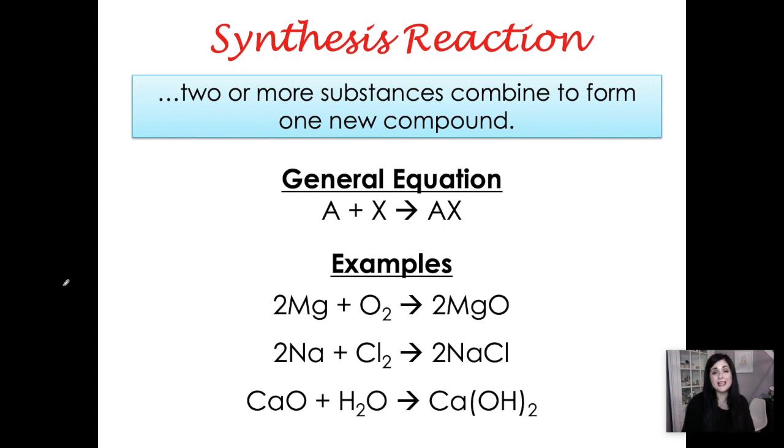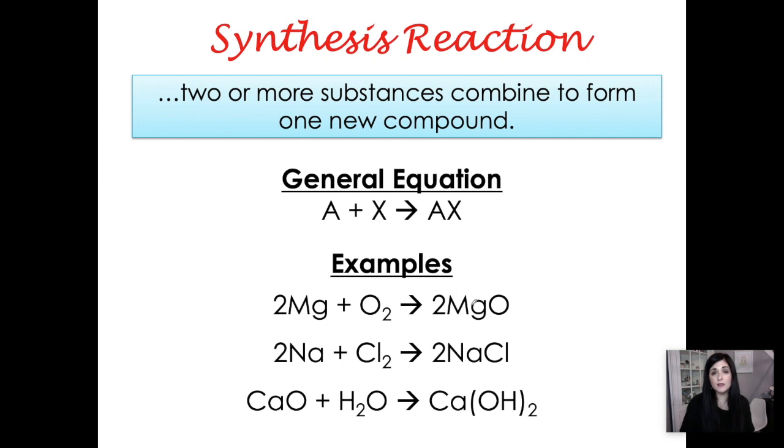So in this case, a metal oxide and water, they come together and they produce one final product of calcium hydroxide. So notice that for each of these samples, two substances become one. Two becomes one, two becomes one.